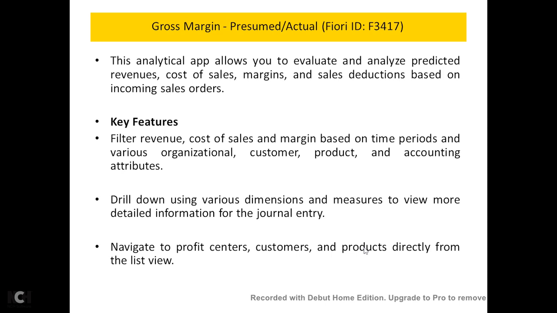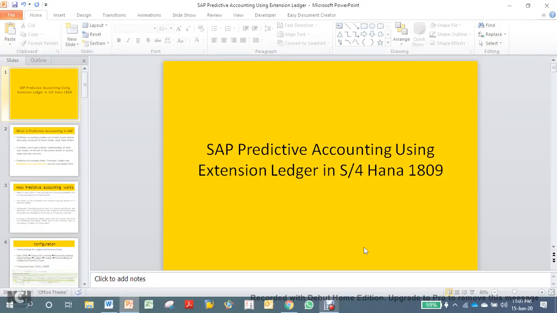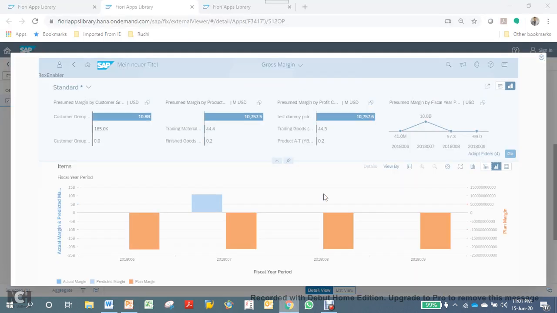So this is the last slide on the predictive accounting solution, and I hope this will help you in configuring your S/4HANA 1809 system. Now I'll take you to the Fiori apps which I have mentioned here, and then we will see how the app looks.